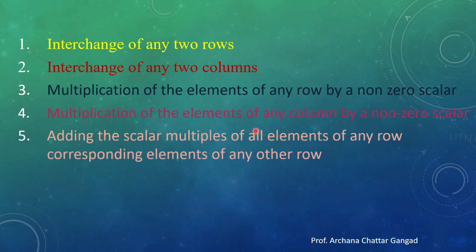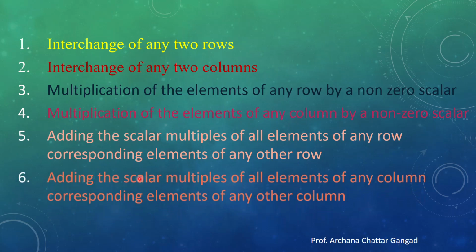Next elementary operation is adding the scalar multiple of all the elements of any row to the corresponding elements of any other row. And the last elementary operation is adding the scalar multiple of all the elements of any column to the corresponding elements of any other column.